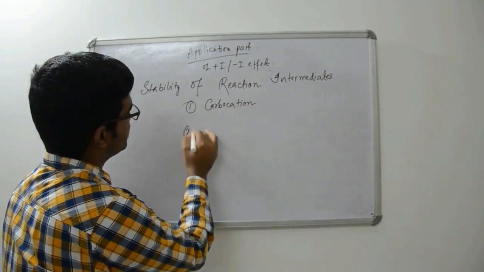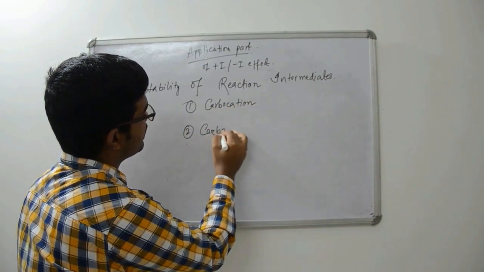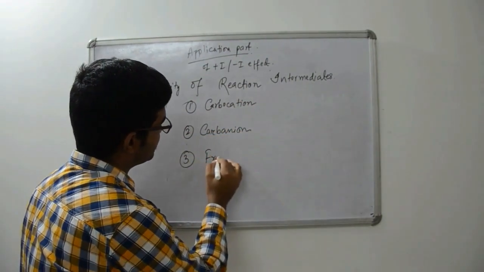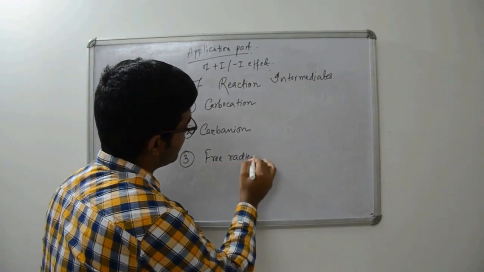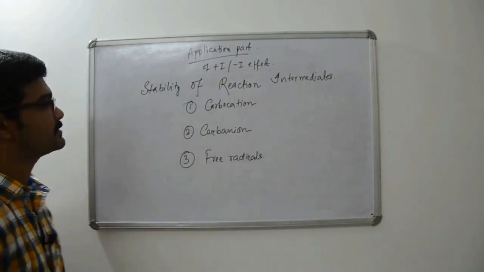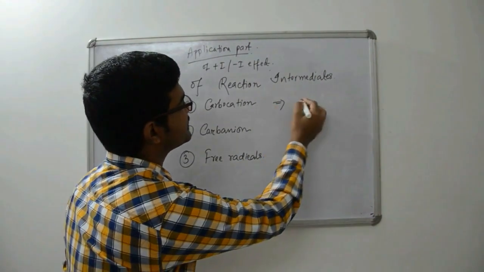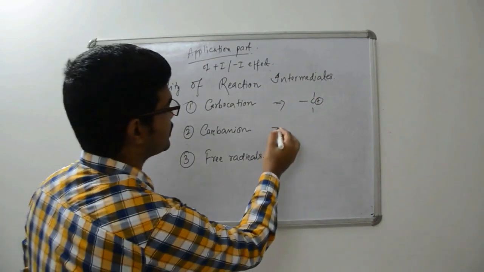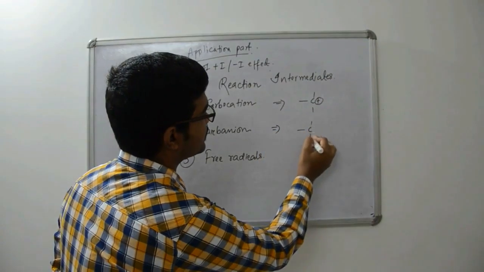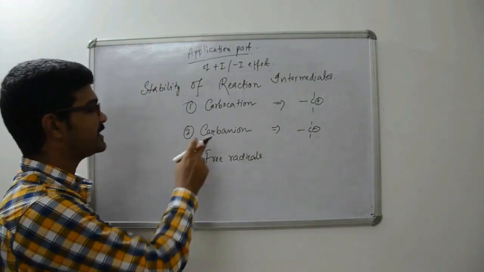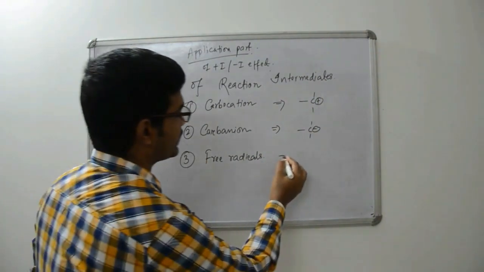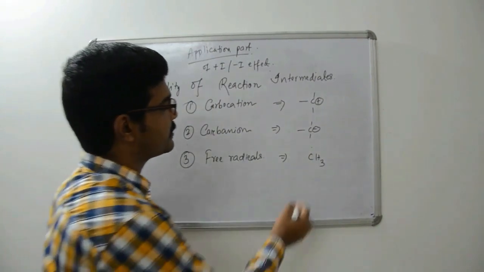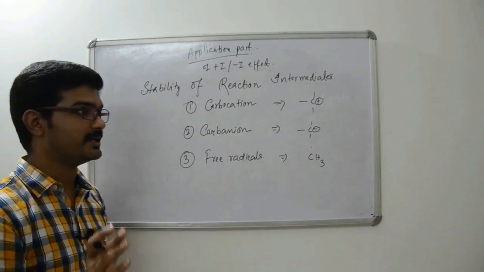Carbocation, carbanion, and free radicals. So what is a carbocation? Very simply, we will understand it as a carbon bearing a positive charge. When a carbon bears a negative charge, we will call it a carbanion. And when this carbon has unsatisfied valency, then we will call it a free radical.